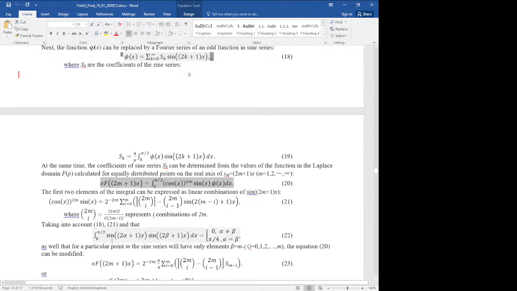This will allow us to find the first two elements of the integral on the basis of, actually, binomial coefficients. So a combination from two of m elements.